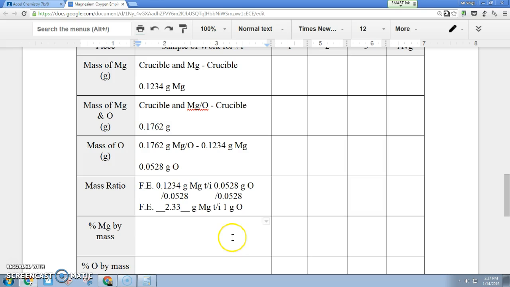Percent magnesium by mass. This is the mass of magnesium over the mass of magnesium oxide.